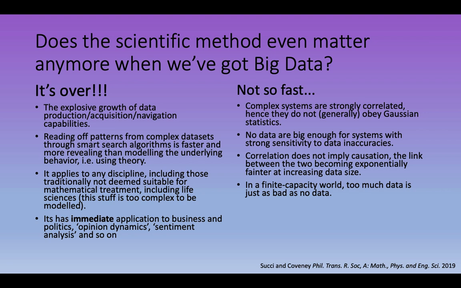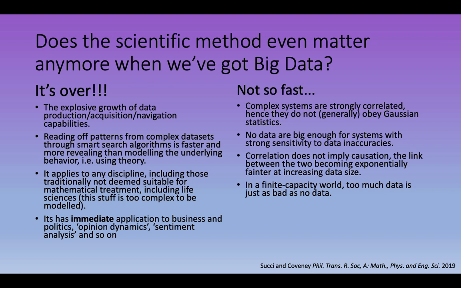Their point is that they're not so certain about that, because a lot of complex systems are strongly correlated and they don't adhere to a Gaussian statistical model. And why is that important? When we talk about Gaussian statistics, we're talking about statistics that adhere to some sort of central limit theorem or law of large numbers. And that just doesn't always apply in these cases.